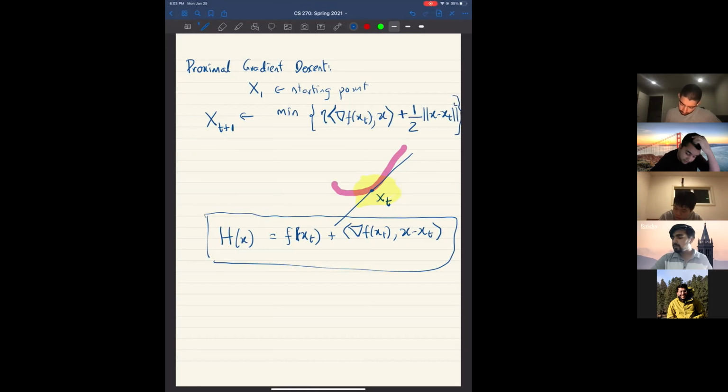In this case the penalty is the 2 norm squared for going too far. So you say your next point is the point that minimizes the following function.